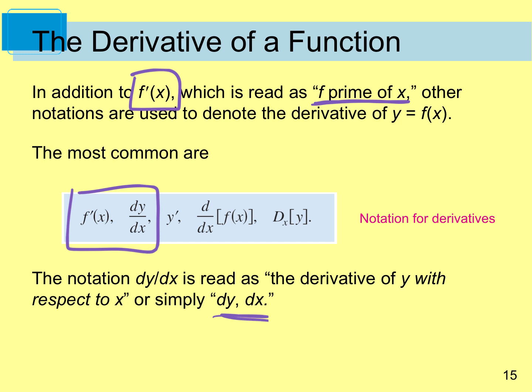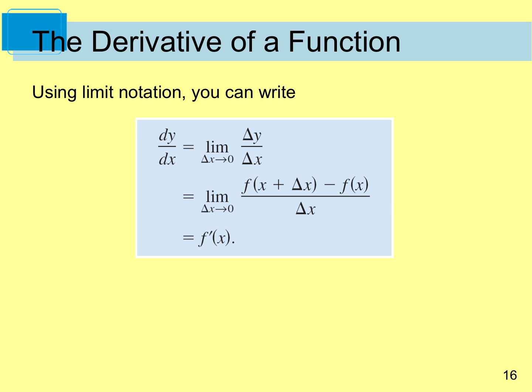So these are the two most common symbols we'll see for derivative. You may see the other ones, but not really in Calc Honors. If you took calculus in college, you might see the other ones more often, but they mean derivative. So using limit notation, we find the derivative using our difference quotient here. It just restates it for us.